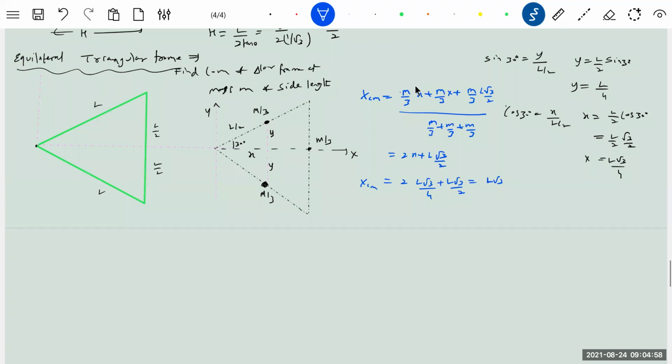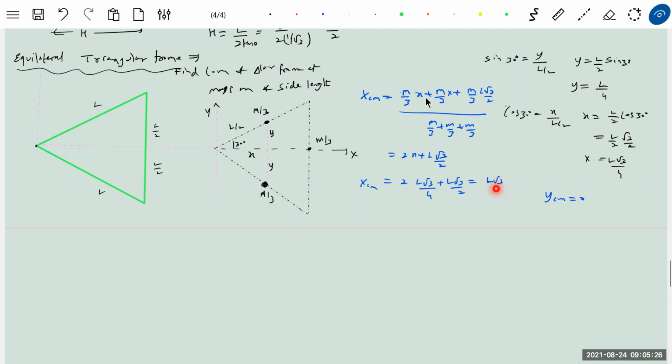The y coordinate of the center of mass should be 0. So where will the center of mass of this triangular frame be? Shall we call it L by root 3, anybody?